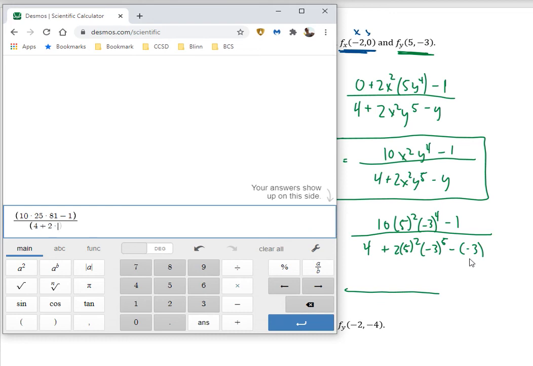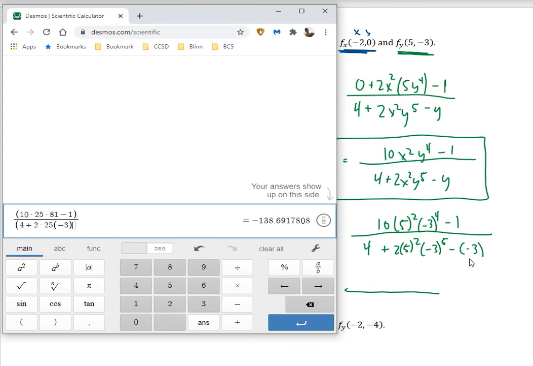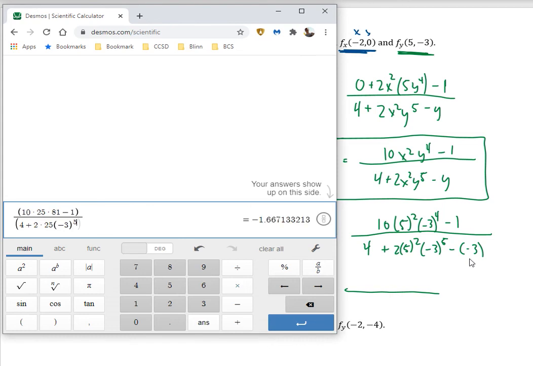So still, let's just do that as 25 times -3 to the 5th. Maybe let's do that one in parentheses. There we go. And then minus a -3, I could just do that as +3. There we go. And that's it.